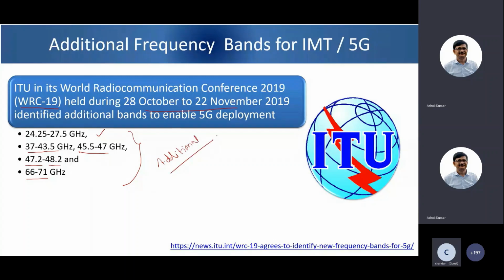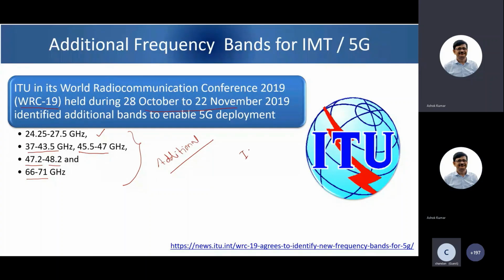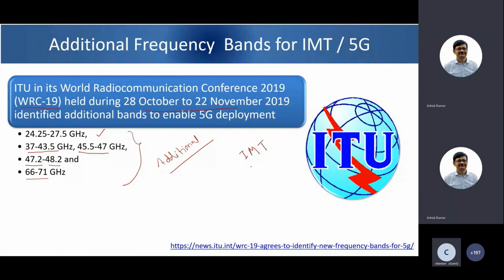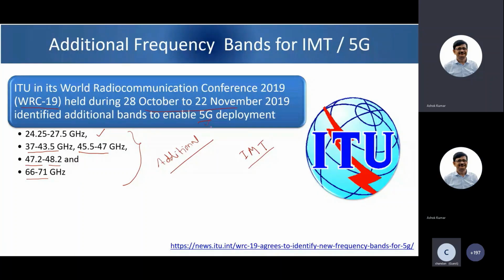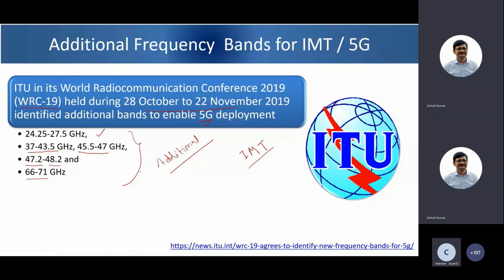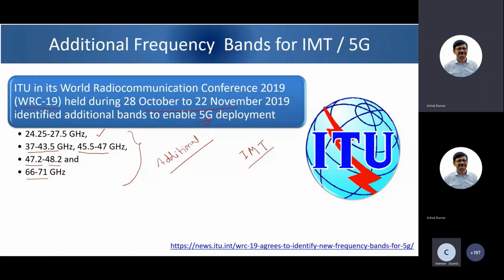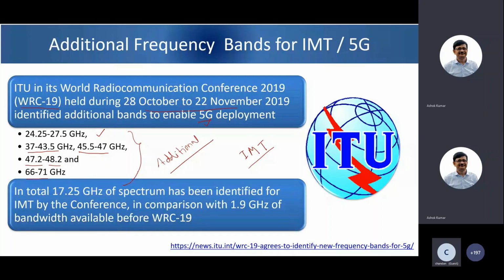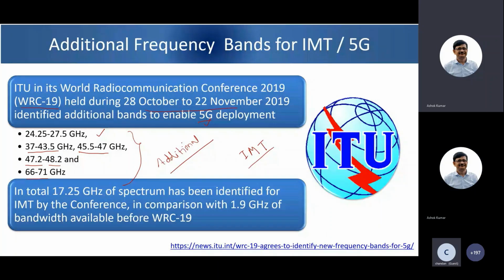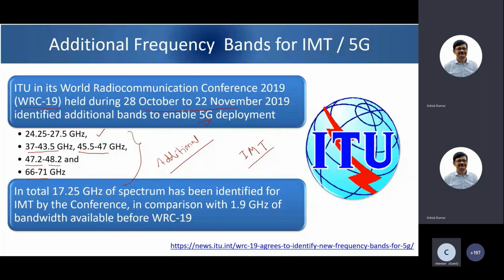Please note, whenever ITU identifies, they identify for IMT. They don't say 2G, 3G, 4G, 5G, but primarily they considered the requirement which was going on for 5G. And some of these bands are being used for 5G.